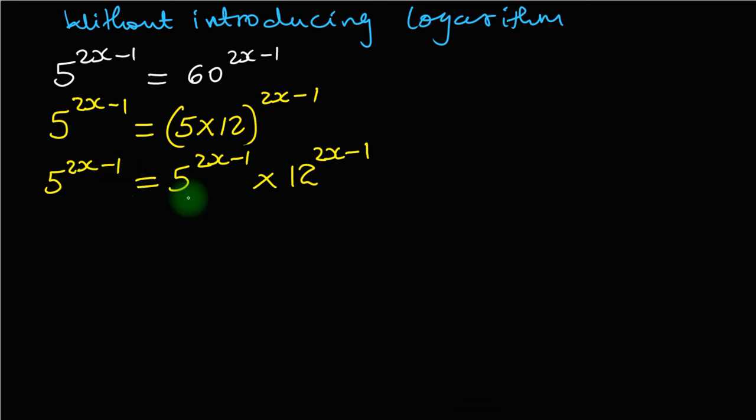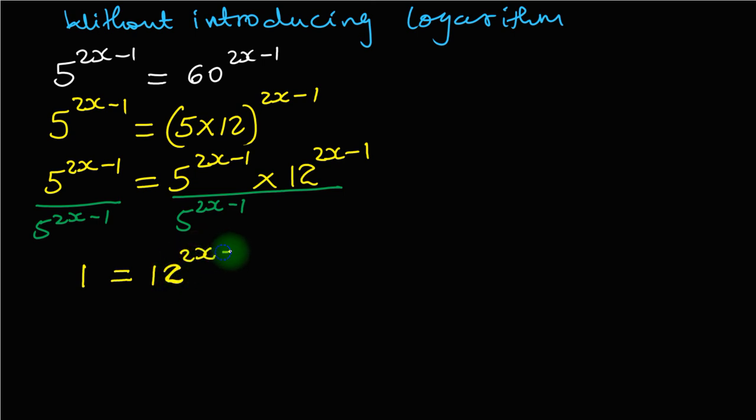Therefore, we are going to divide through by 5 raised to 2x minus 1 on both sides. Dividing on the left, we get 1 as the result. Then these two will cancel on the right, so we remain with 12 raised to 2x minus 1.